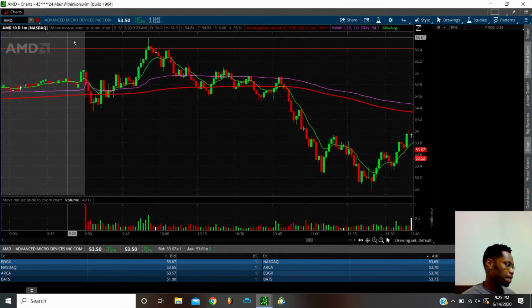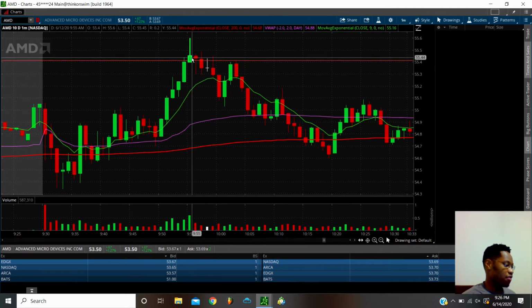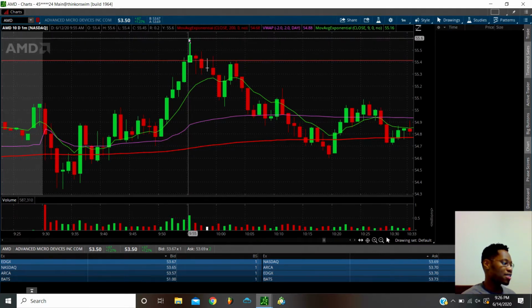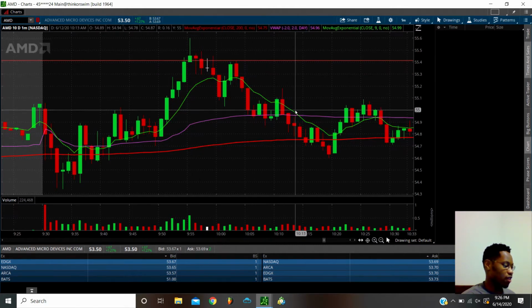It tests that level and acted as resistance. It tries to push above it and can't. As you can see from this candlestick at 9:55, the high is up here, but it closed back down here. A failed attempt to break past, another one, and then a nice fade.